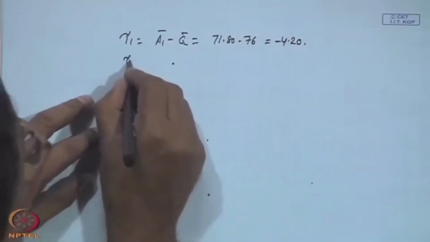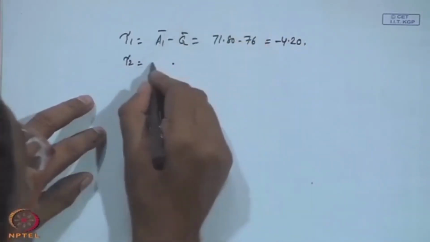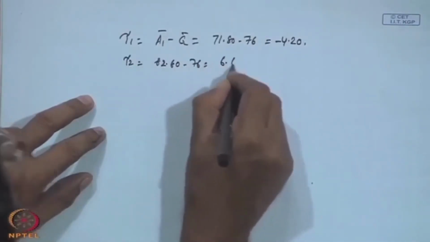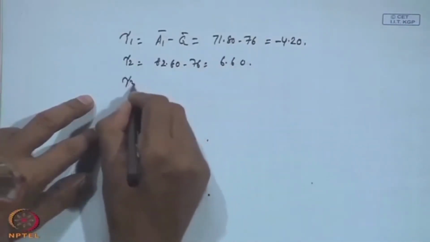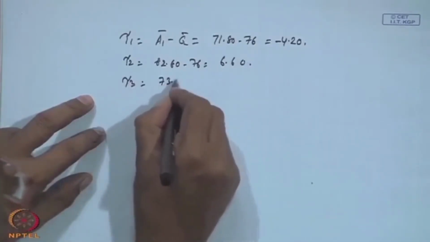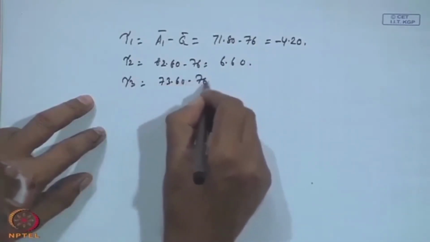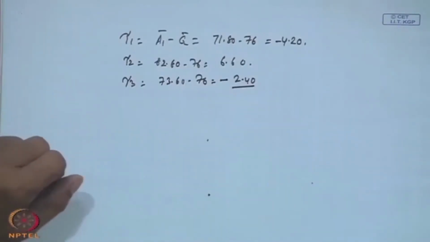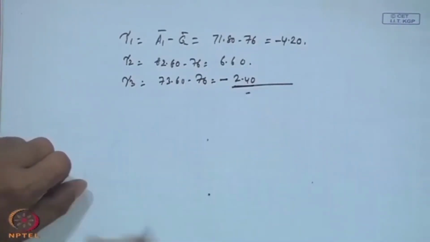Similarly tau 2 will be 82.60 minus 76, 6.60, and tau 3 will be 73.60 minus 76, so minus 2.40, and the sum total will be 0.